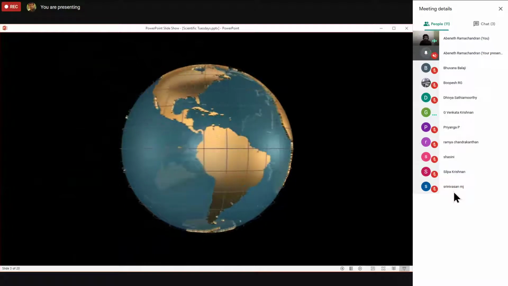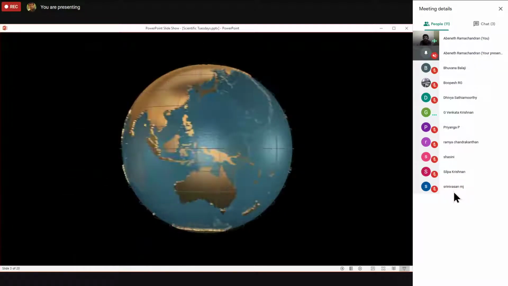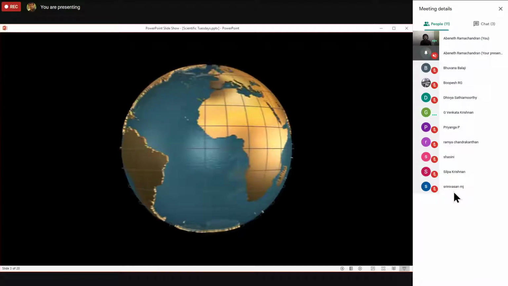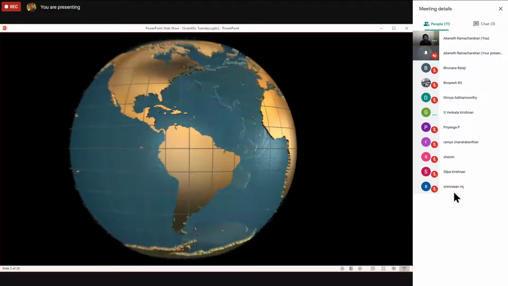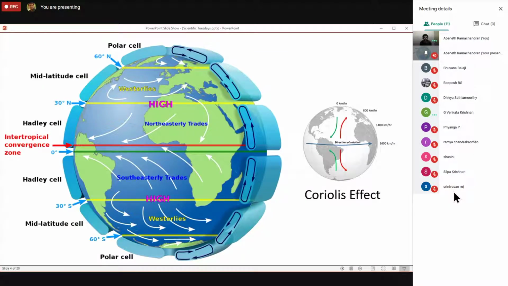So we are going to go into the world and see where the equator is. This is the center line of the globe, which is the equator. You have 3 on the top, 3 on the bottom. We have the equator, above that there is the Tropic of Cancer, and above that is the North Pole's meridian, called the polar meridian.